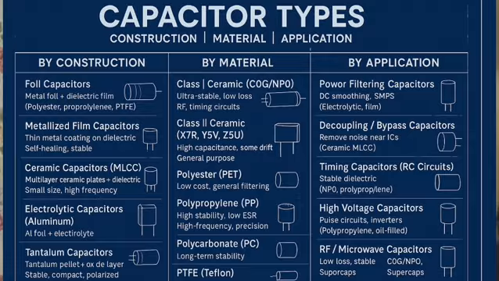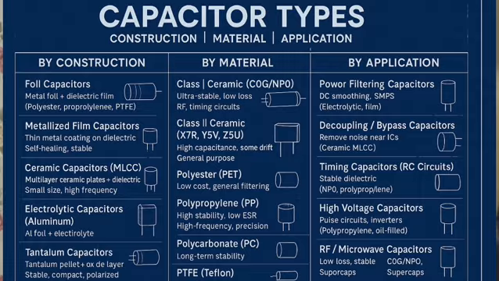Polyester capacitors are low cost and are used in general filtering applications. Polyethylene are high stability and low ESR, used in high frequency and precision applications. Polycarbonate offers long-term stability, and PTFE is Teflon, low loss, used in RF precision circuitry.